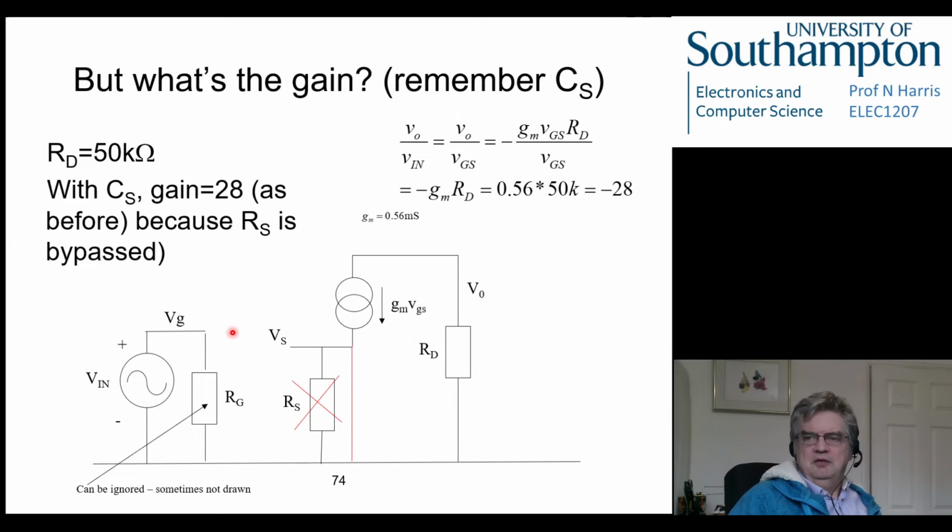Okay, if you've got the capacitor across this resistor, remember this is the AC solution. We've done the DC solution now, where this was open circuit. Under AC conditions, when there's an AC signal coming in, the capacitance looks like a short circuit.